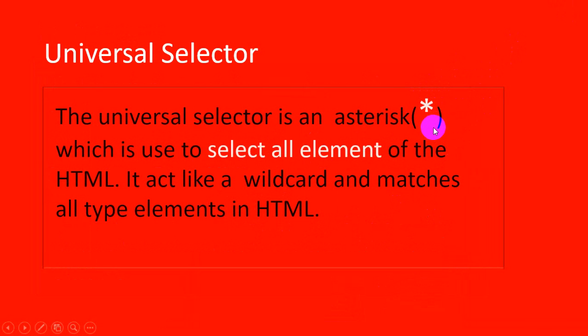If you want to apply any CSS to all the HTML elements in your HTML page, you use it. Simply the asterisk, or universal selector, means all. Irrespective of name or class, it will apply on all.